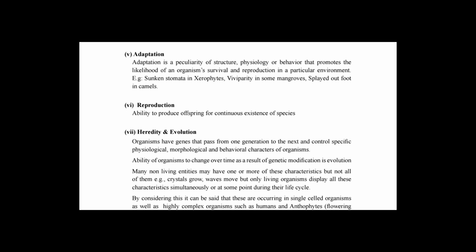The next one is splayed out foot in camels. Splayed out foot in camels prevents the sinking of the foot in the soil, okay. To avoid the foot of the camel sinking inside the soil, these camels have splayed out feet, okay. These are adaptations and the examples of adaptation.